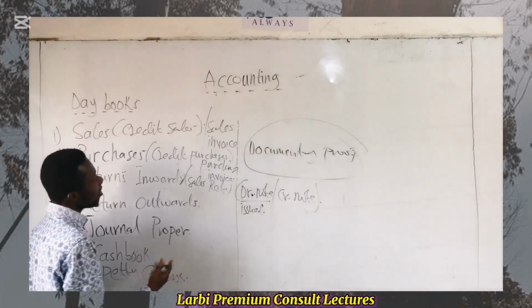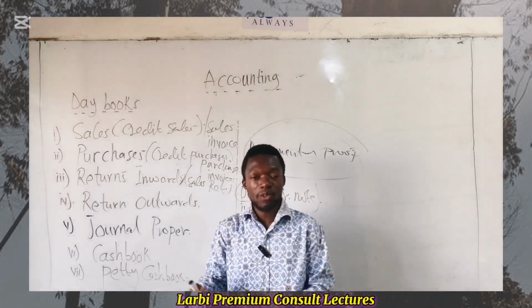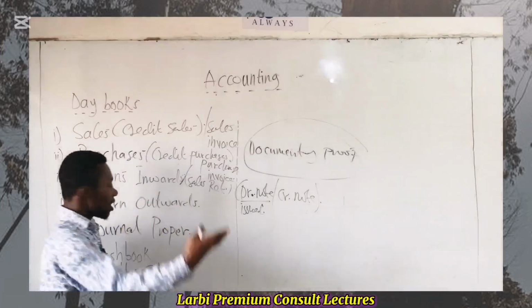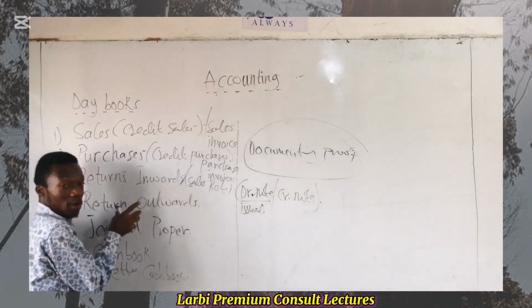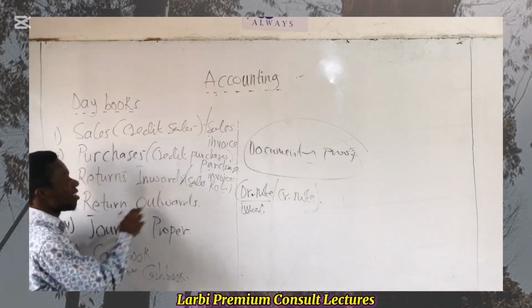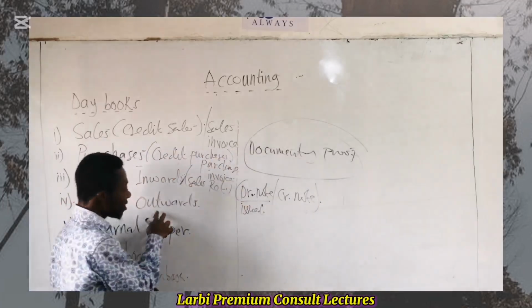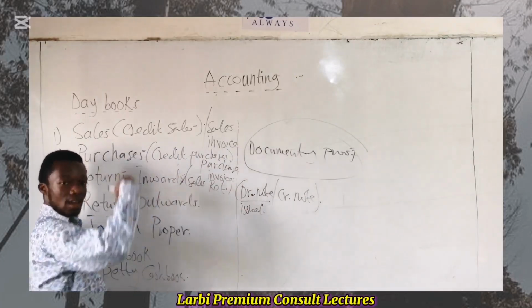But if at a certain point we are not satisfied with the item that we receive from our suppliers because of the grade, the quality, the type, then we have the right to return those goods back to you, the supplier. And the book that is used to record such a return is the return outwards. That means it is going out. Hence, return outwards. But if it is coming in, we say return inwards.